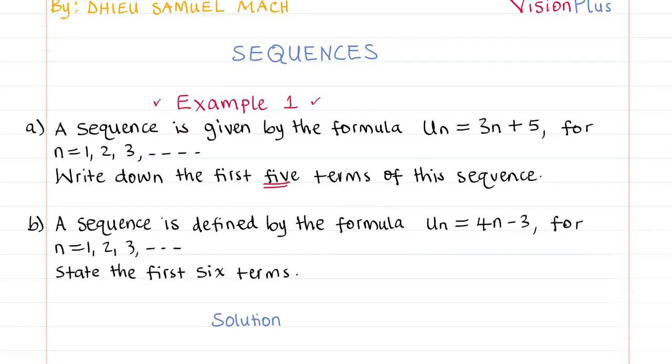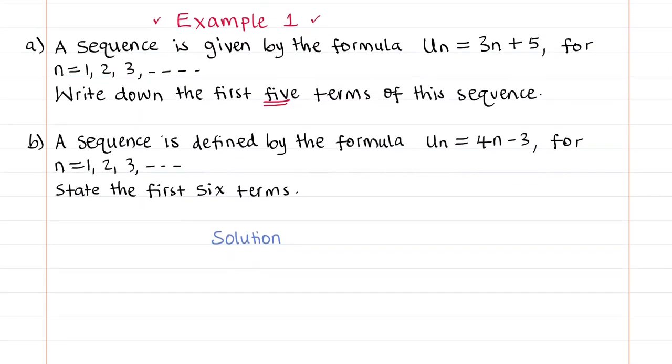So the solution to part A is, in part A, we are given the formula of the sequence un as 3n plus 5. And remember, our n equals 1, 2, 3, 4, and it continues up to infinity, depending on what interests you.